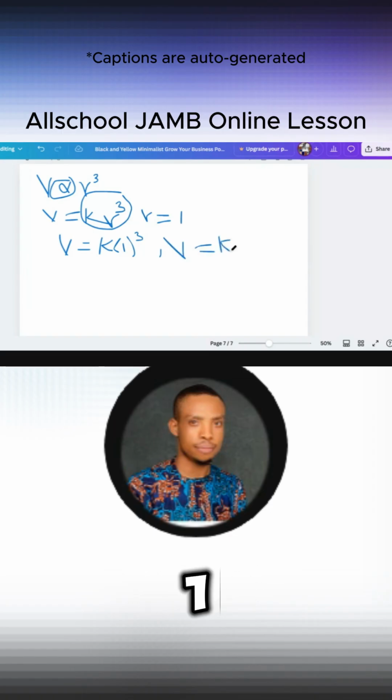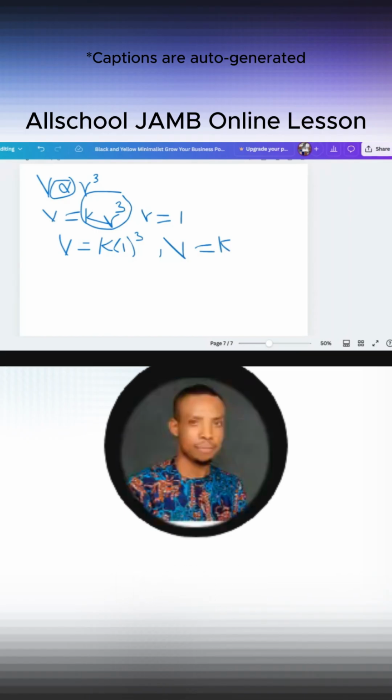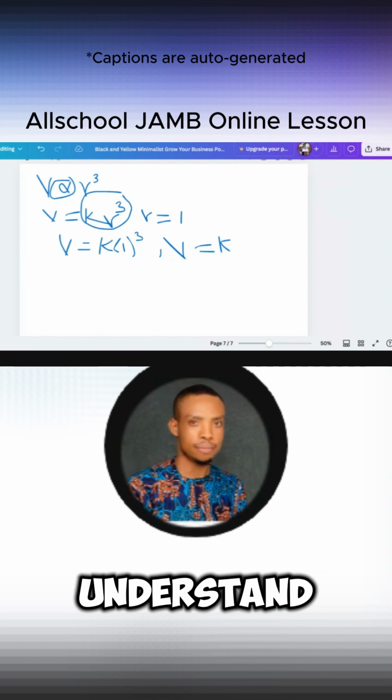So if r is 1, then we're going to have k times 1 raised to power 3. That means V will be equal to k. Do you understand? Yes.